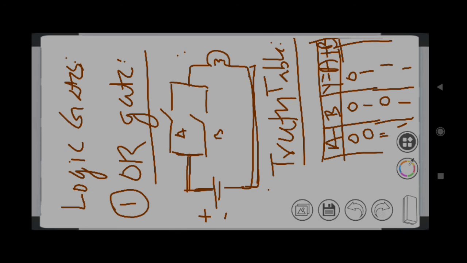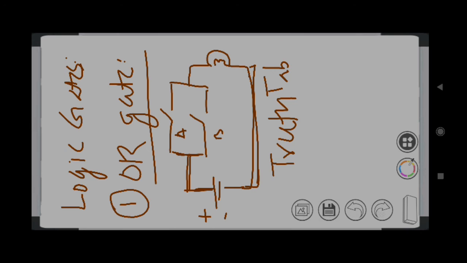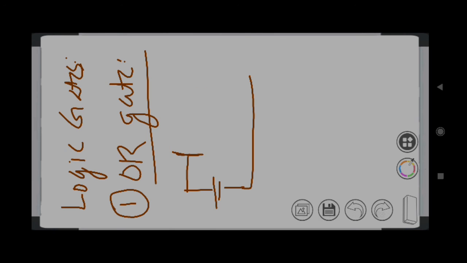Now let us try to build the OR gate with the help of diodes and resistors. This is the actual OR gate we use in digital electronic circuits. For that, we are trying to build the actual OR gate.